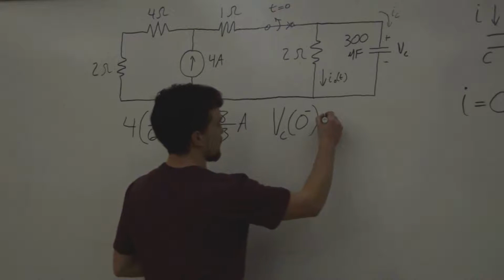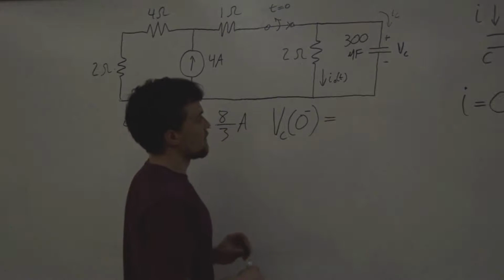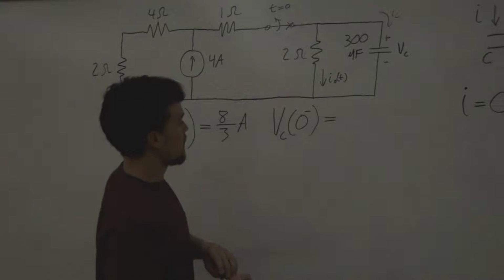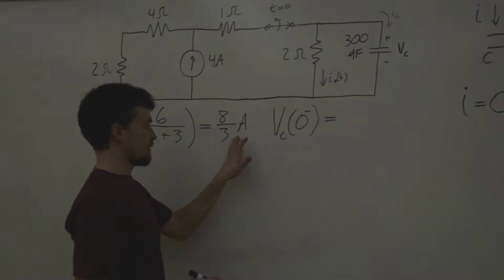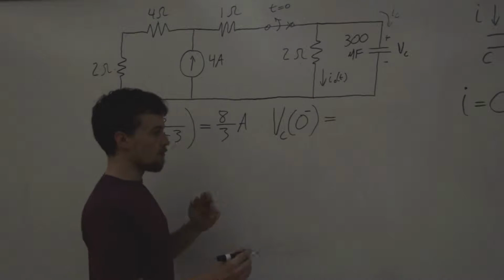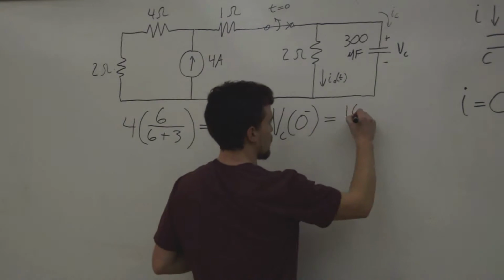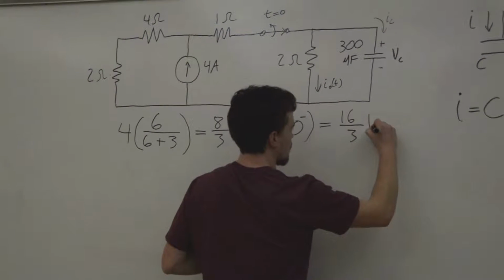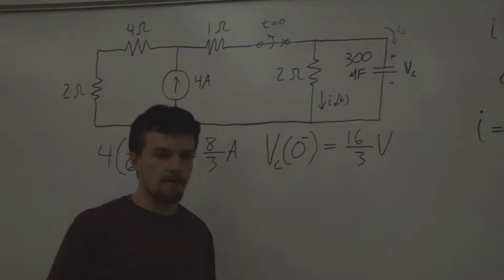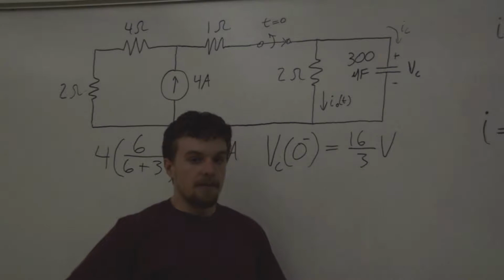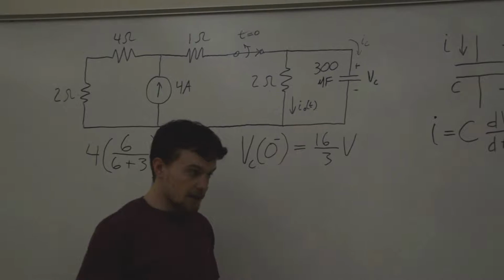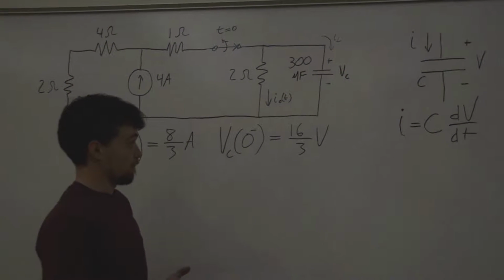So your voltage across your capacitor at time 0 minus is going to equal the current through this resistor times its resistance, and that's 8 over 3 times 2, which is 16 over 3 volts. So now we can set up a differential equation and solve it using these initial conditions.